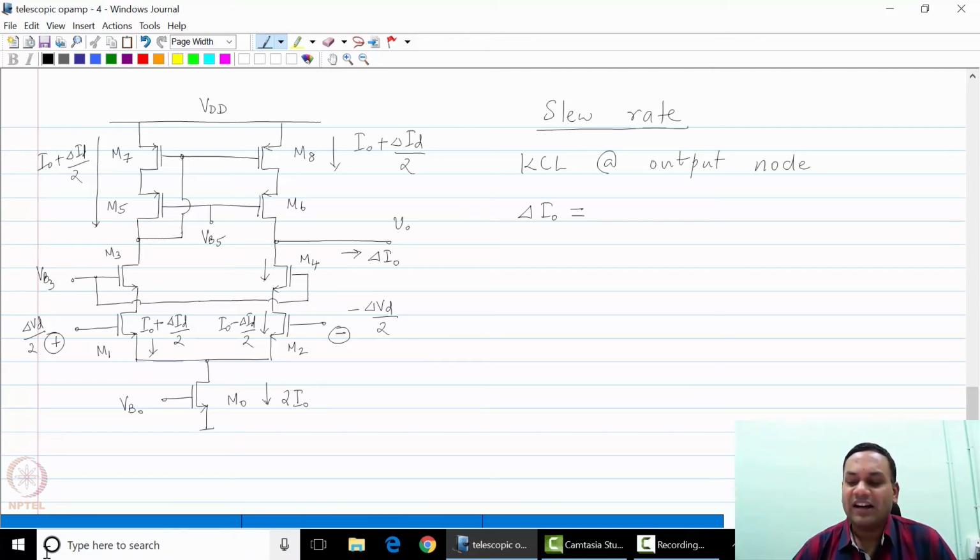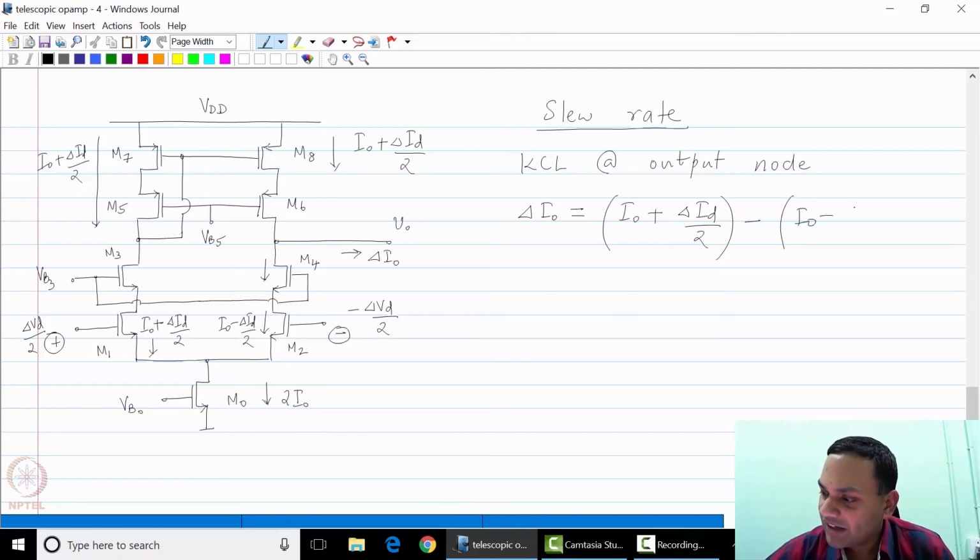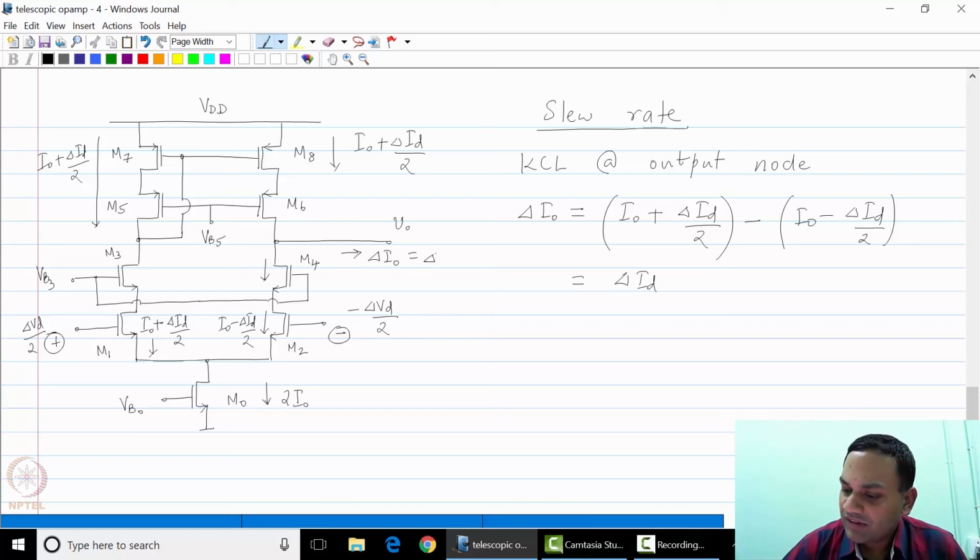The current entering the node from M6 is I naught plus delta ID by 2, and the current entering the node from M4 is minus of I naught minus delta ID by 2. So this is nothing but delta ID. So the current delta ID flows through the output.